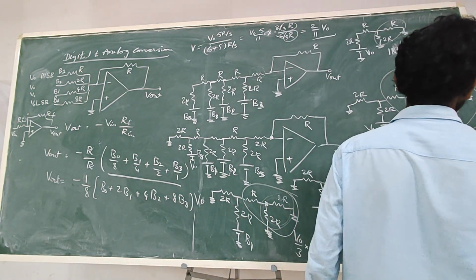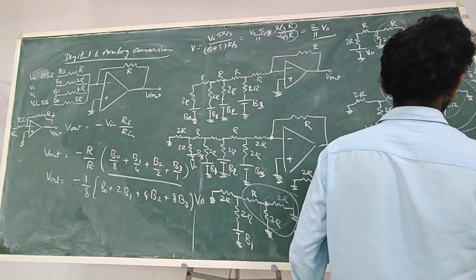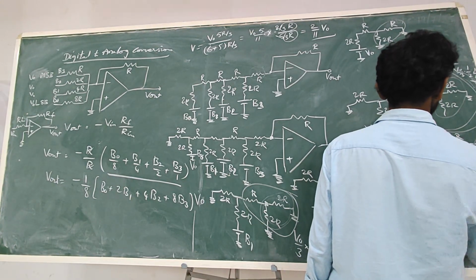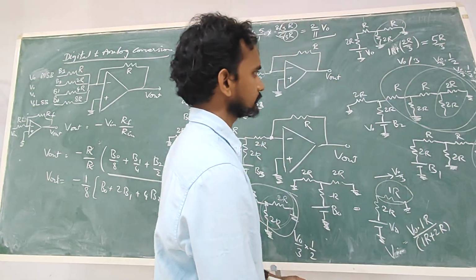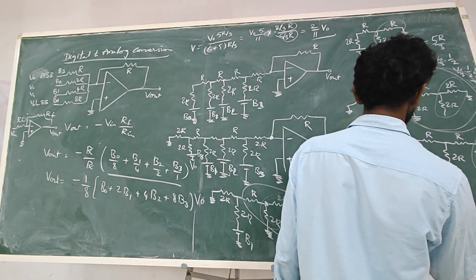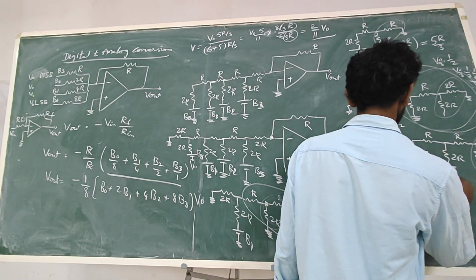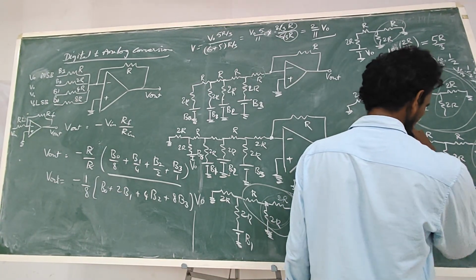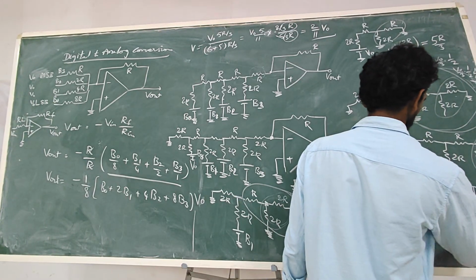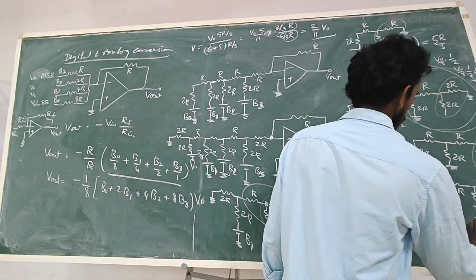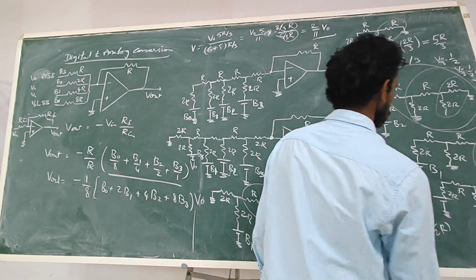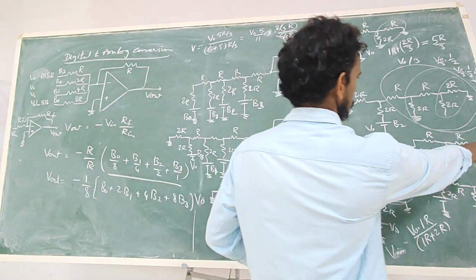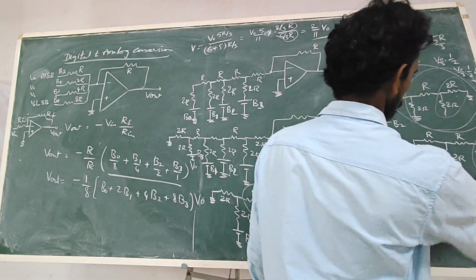This is 2R by 3 plus R, that is 5R by 3, plus 2R in parallel.